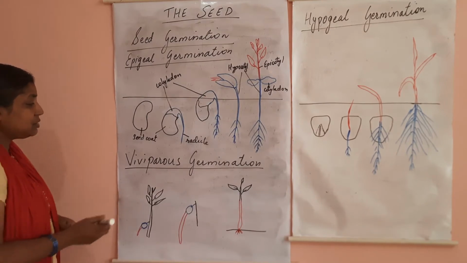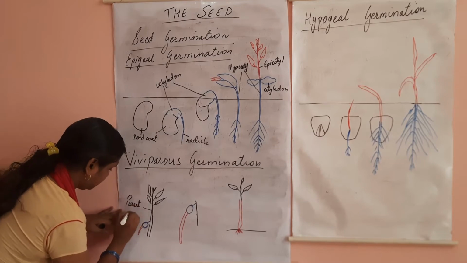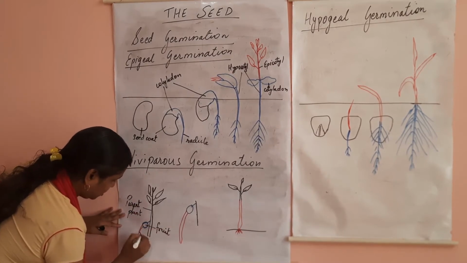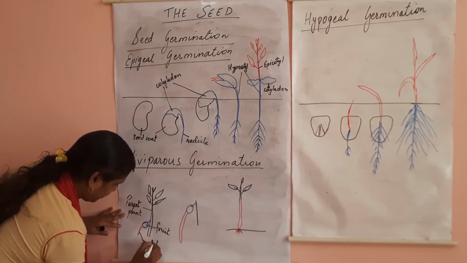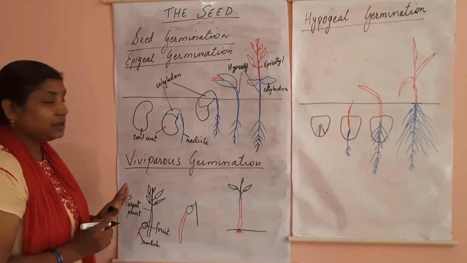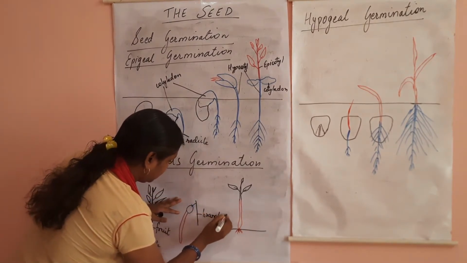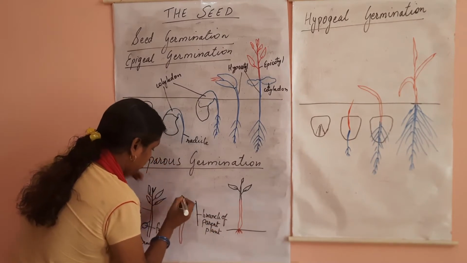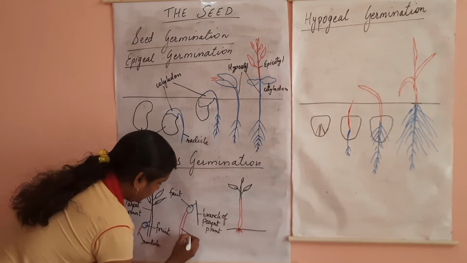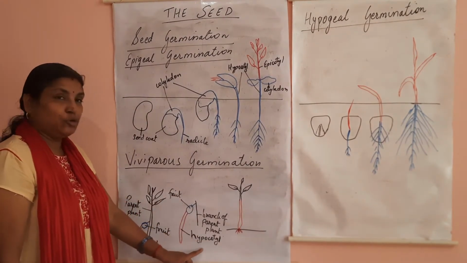Coming to viviparous germination, this is your parent plant. This is your fruit. This is your radicle. Parent plant, fruit and radicle. This is the branch of your parent plant. This is your fruit. And this is your hypocotyle.